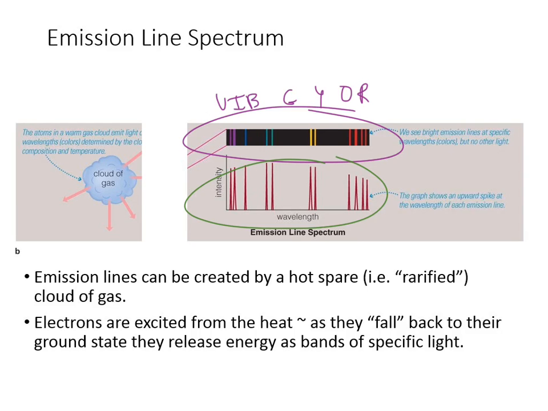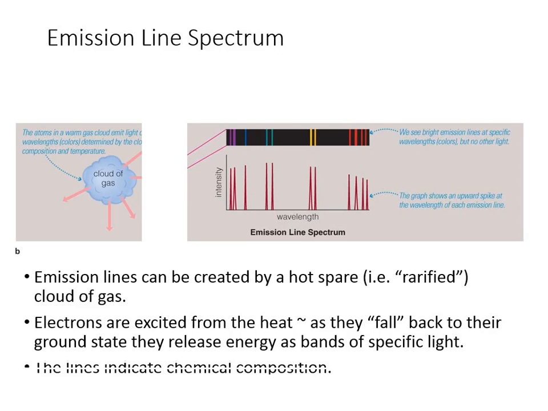The thing down at the bottom is purely a graph. What you see along the x-axis is wavelength, and what you see along the y-axis is intensity. So they're basically showing the spikes there at those different wavelengths. Okay? So those are emission line spectra. And again, they tell us chemical composition, whether that's on Earth or in outer space.